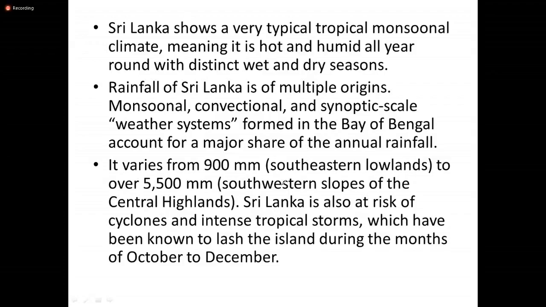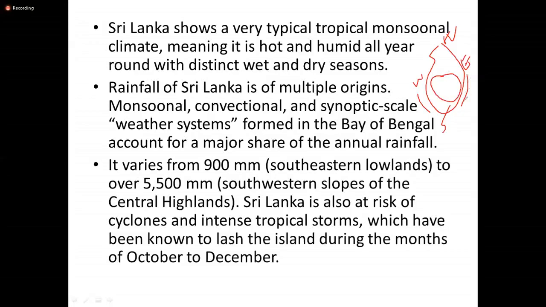So southern, southeastern zone, and you can see here Sri Lanka, north, right, and east, yes, and south and west, right? So southeastern lowlands to the southwestern lowland, we have a slope. This is a mountainous area we have, right, somewhere here.